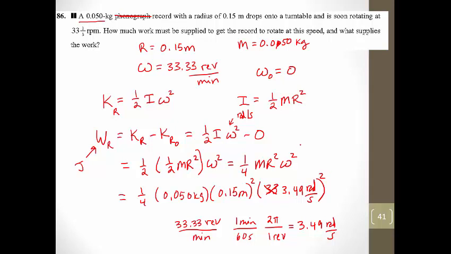And I get the work done is 0.0034 joules. Still joules because it's energy, right? I got kilogram meters squared per second squared. That still gives me Newton meters, but it's energy, so it's in joules.